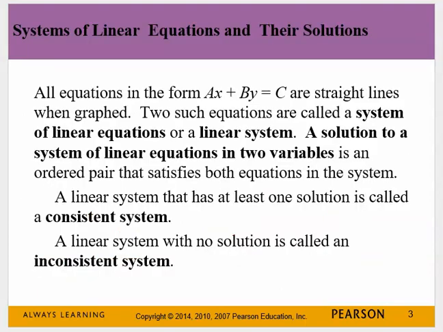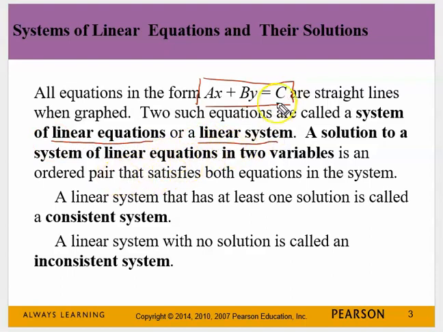So going back now to an earlier lesson, here is the standard form of a linear equation in two variables, x and y, and they are a straight line. So these are what are called linear equations or a linear system.